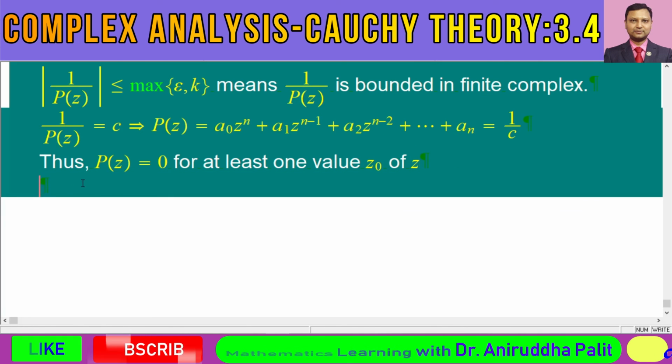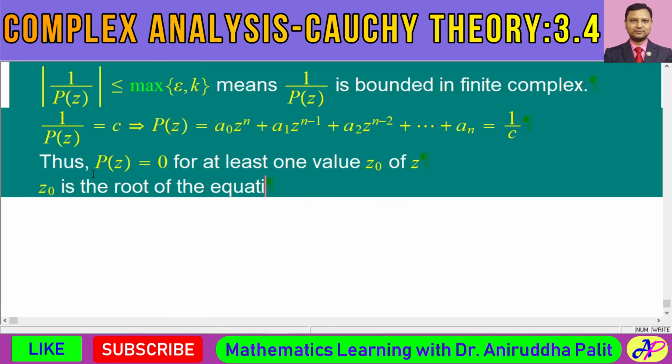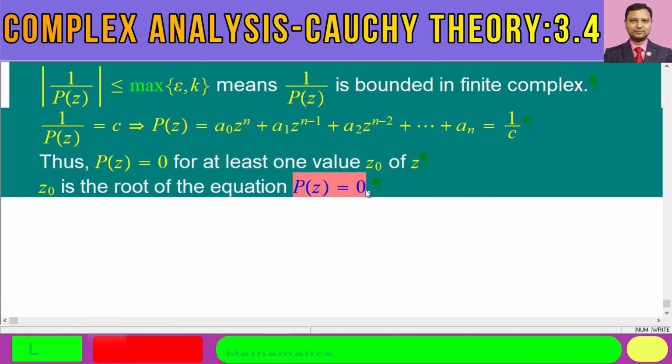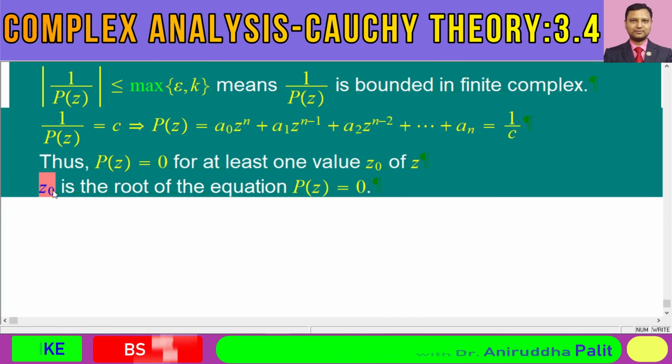Or in other words, we can say that z0 is the root of the equation p of z is equal to 0. Got it? This is a polynomial equation, and z0 becomes the root of the equation.